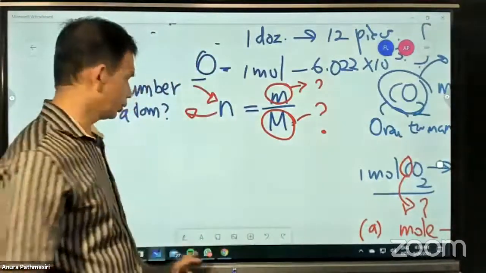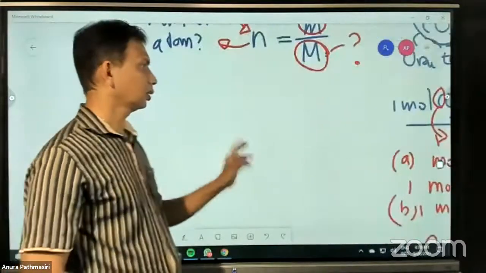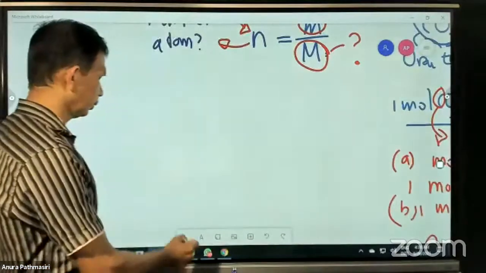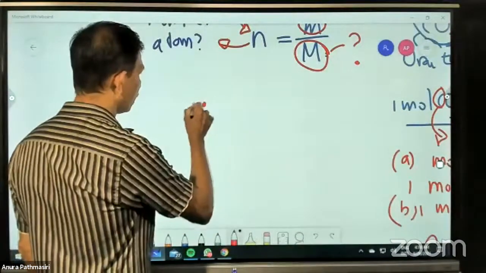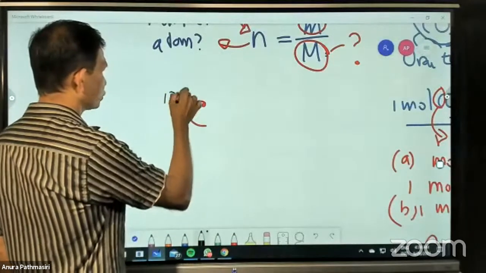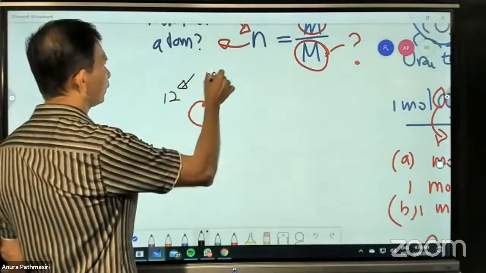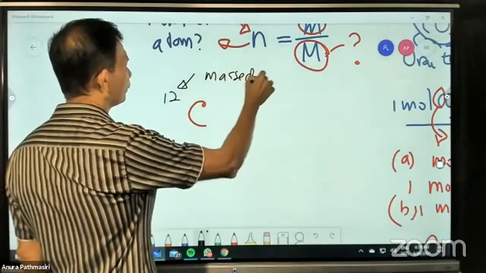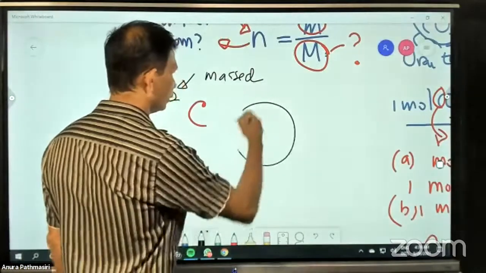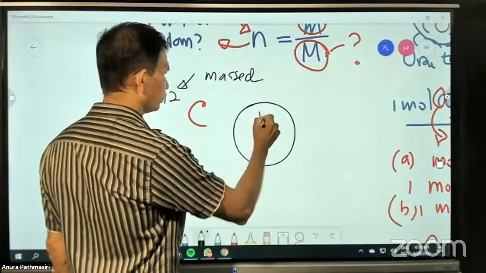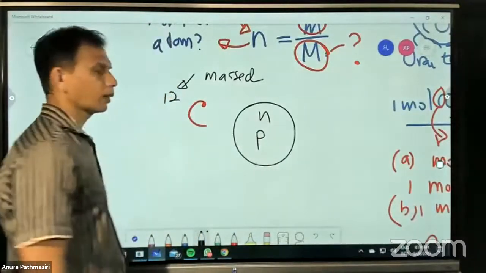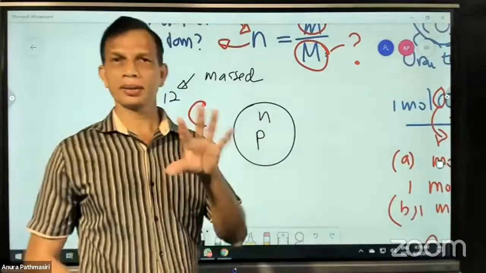What he did was he measured the mass. Carbon has 12 massed particles. In a carbon atom, in the nucleus, you have neutrons and protons, and the neutrons and protons are the massed particles.